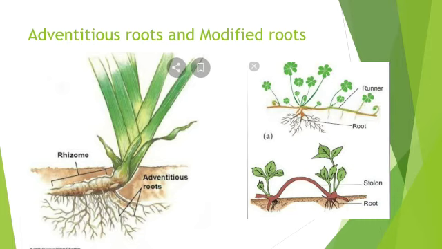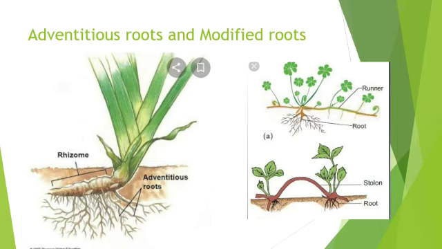For example, monocotyledonous plants are wheat, then maize. Plants like maize, sugarcane, sorghum have two types of roots.